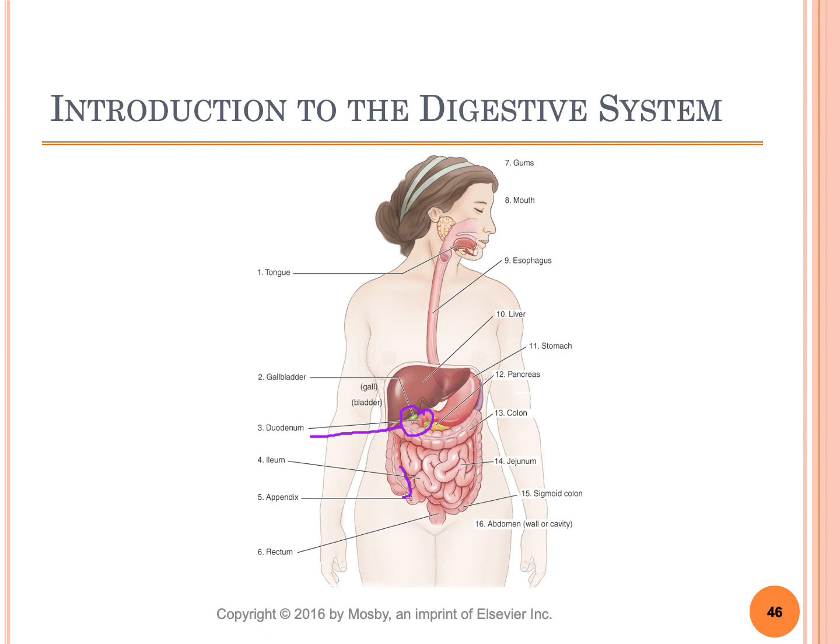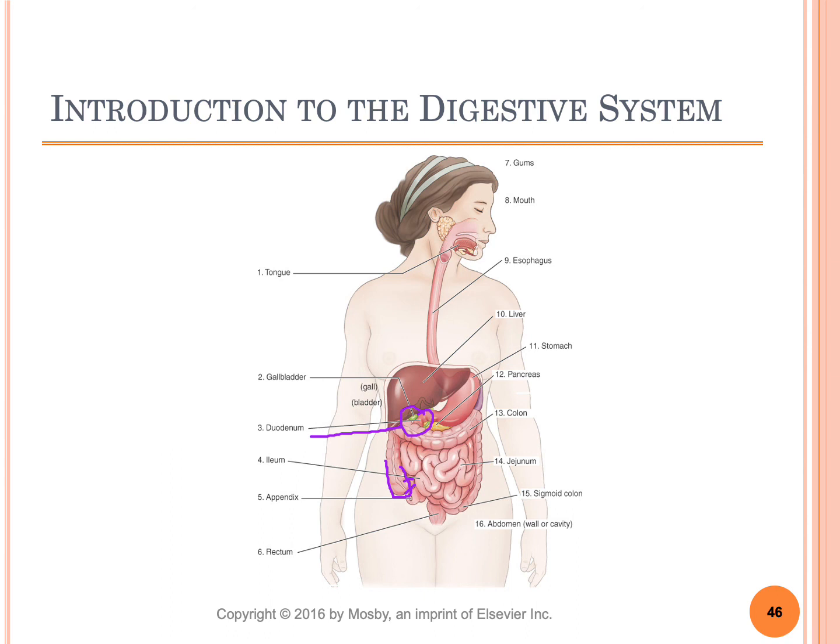I'm going to point out another structure. This little pouch right here is the first part of the large intestine, and the small intestine hooks into the large intestine right there. That's where the ileum meets the first part of the large intestine, and that is called the ileocecal junction.